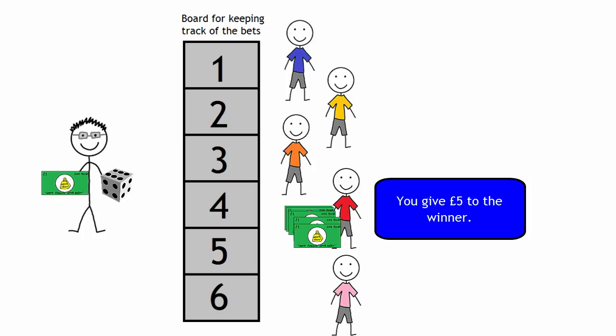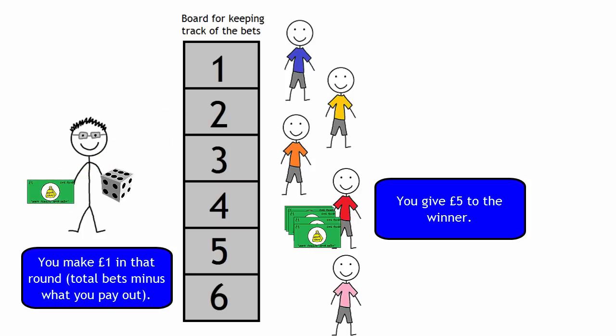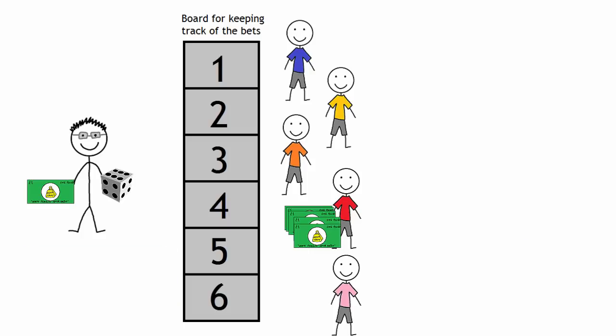And again, you'll gain £1, so it really doesn't matter what side the dice comes up. Either way, you'll get £1 per round. And that's just brilliant. Except you lose all your friends once they realise that you're just making money off them.